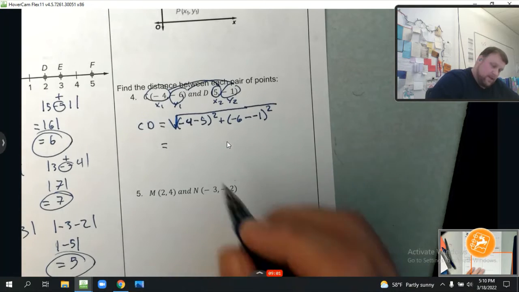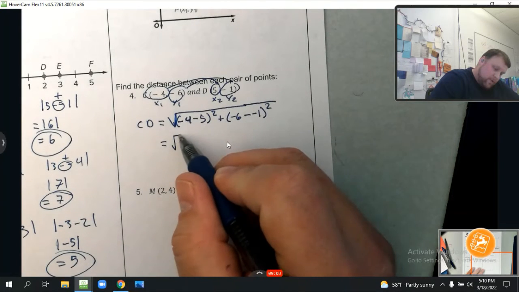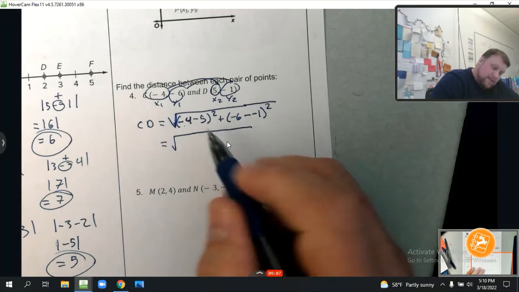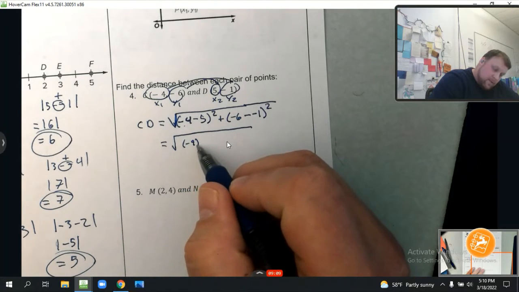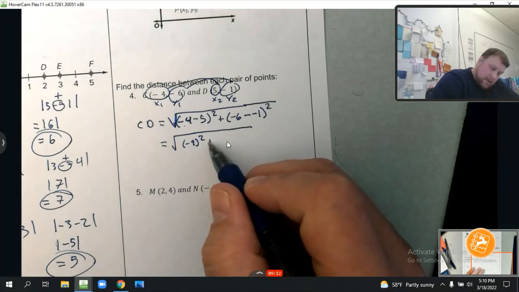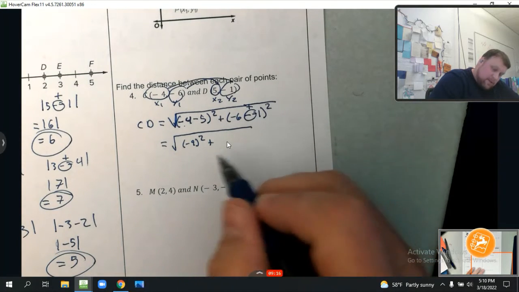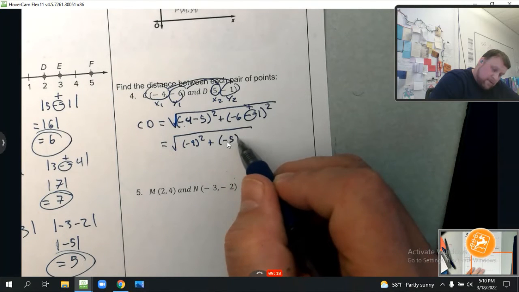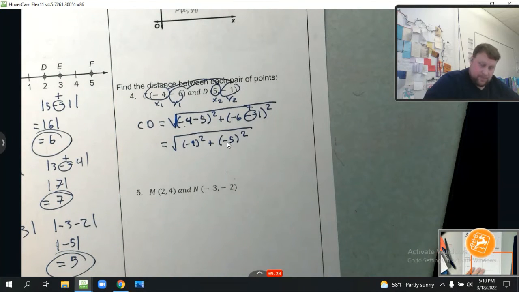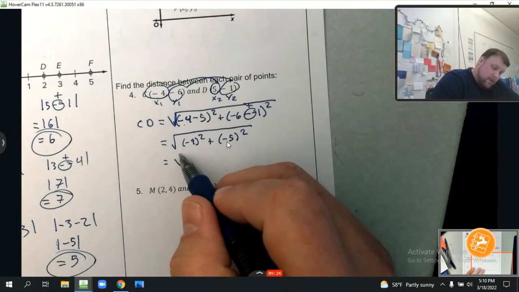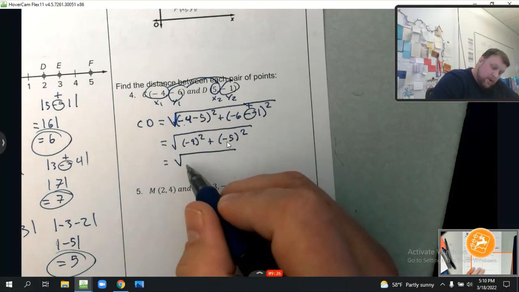Well, this equals the square root of negative 4 minus 5 is negative 9. So that's going to be negative 9 squared. Plus, now, minus the negative is a plus, so negative 6 plus 1 is negative 5, so that's going to be negative 5 squared. Which is equal to the square root of negative 9 squared is positive 81.